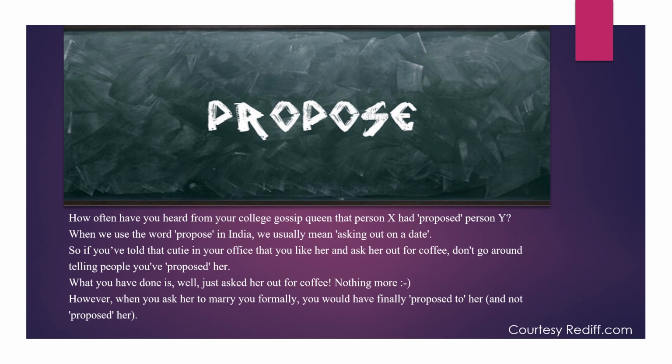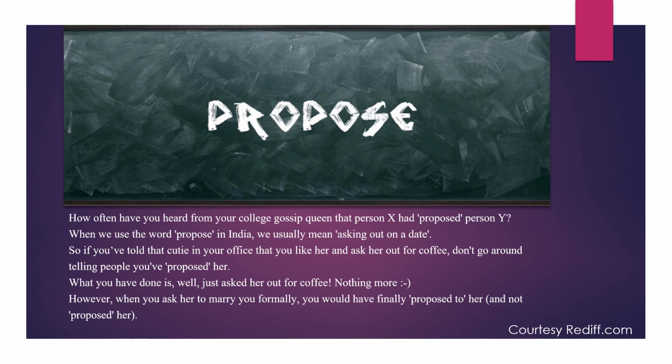How often have you heard from your college gossip queen that person X had proposed person Y? When we use the word propose in India, again pointing out an Indianism, we usually mean asking out on a date. So if you've told that cutie in your office that you liked her and asked her out for coffee, don't go around telling people that you've proposed her.